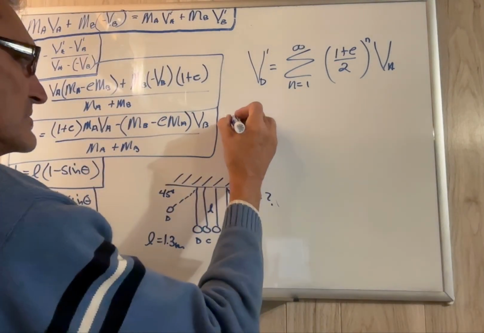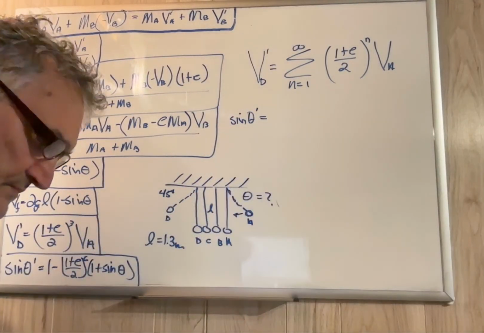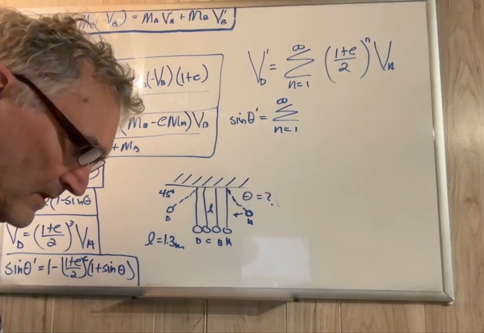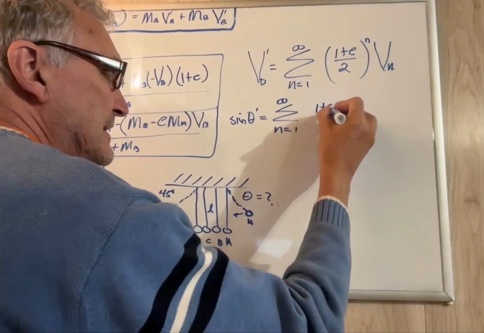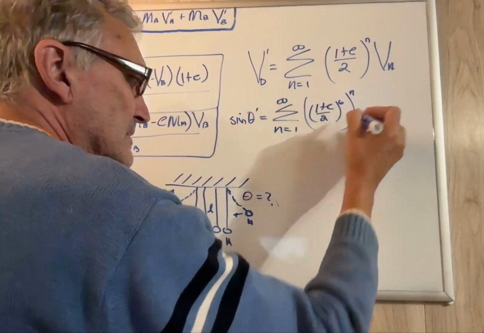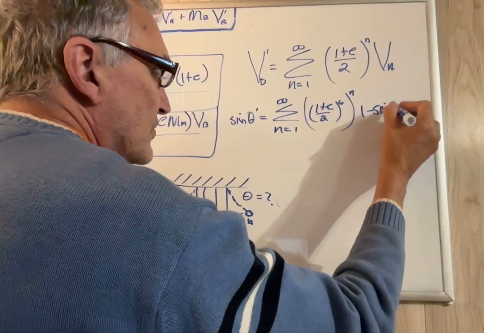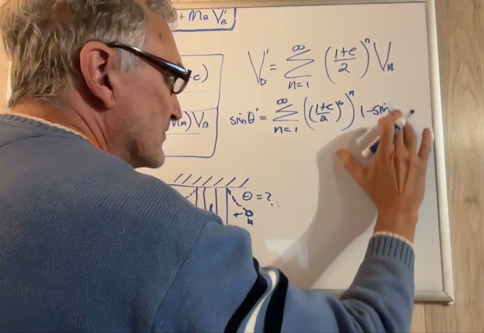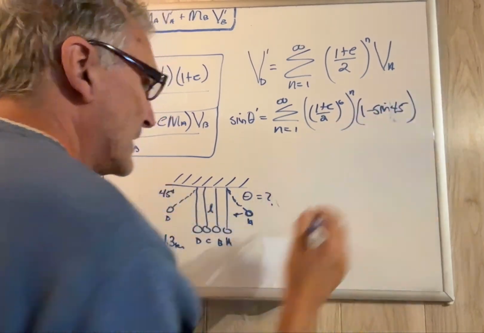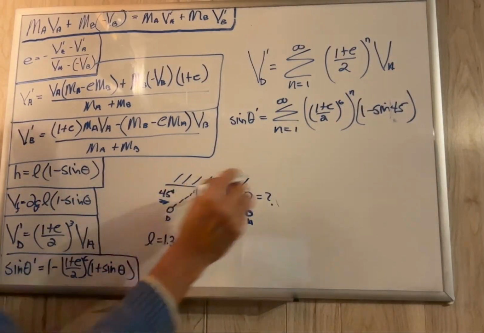Well, then that would just be your sine theta prime, this thing here, is going to be equal to your summation of n equals 1 to infinity of (1 plus E divided by 2 to the sixth) to the n times 1 minus theta, which, in this particular case, is 45 degrees, but you can put theta in there. Whatever this number is, this is going to be theta prime. Whatever this number is, you can just put it in there and you'll get that.